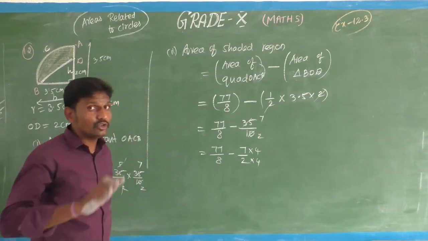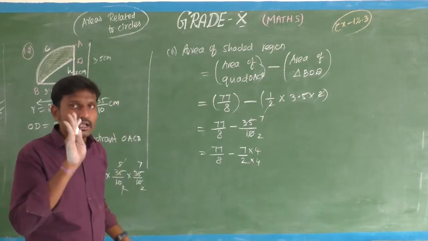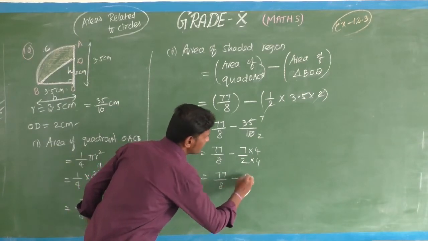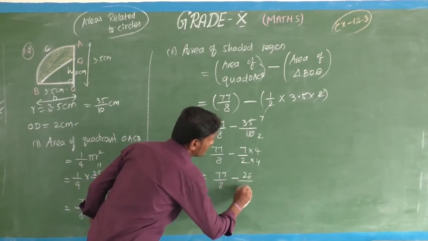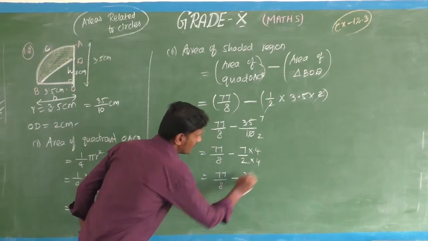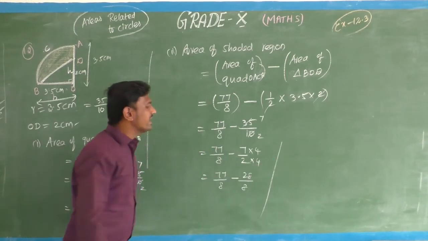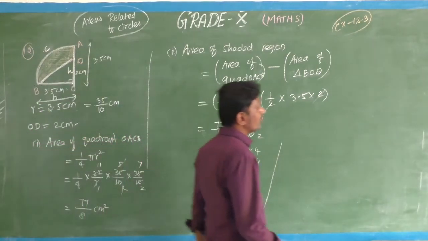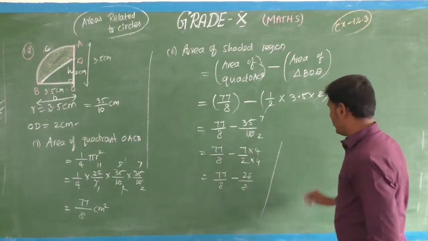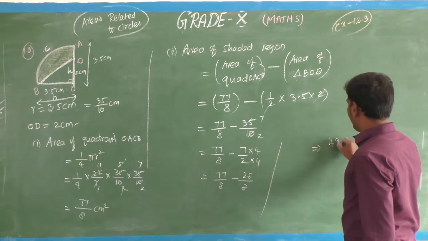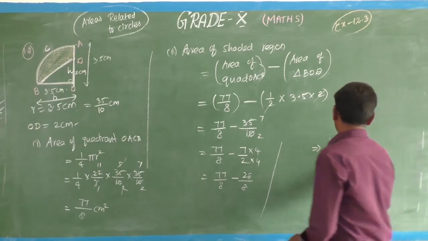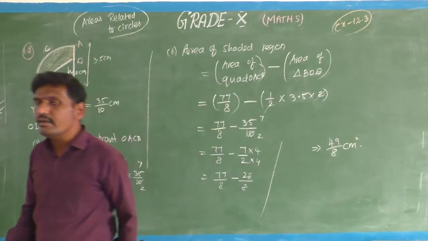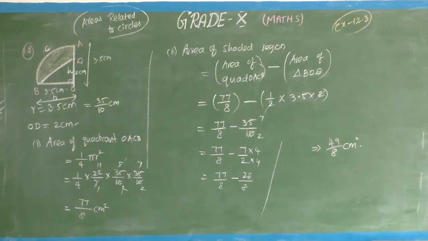Because I want the denominators to be the same. Now 77 by 8 minus 28 by 8. Now 77 minus 28 is 49. So the final answer is 49 by 8 centimeter square. So this is the area of the shaded region.